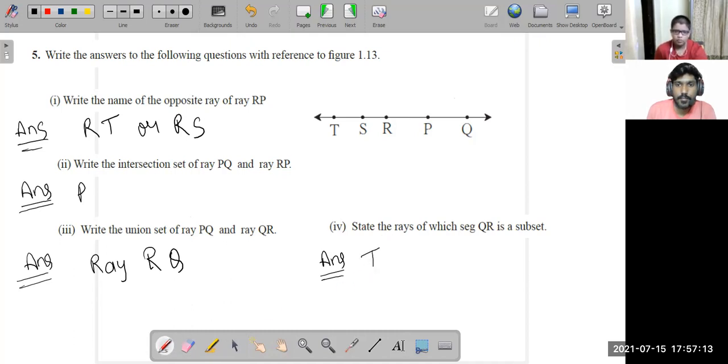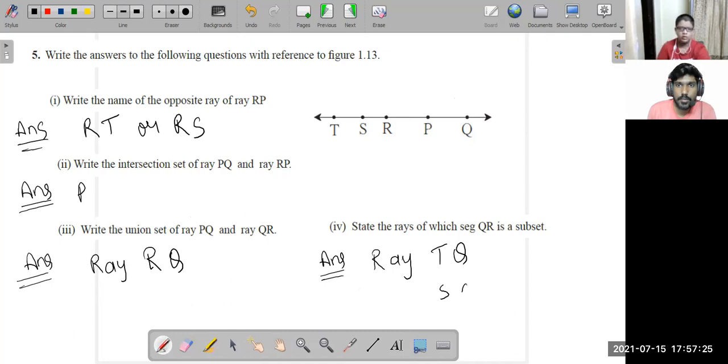SQ. I'll write it as ray TQ, ray SQ. How about RQ itself? Every set is a subset of itself.